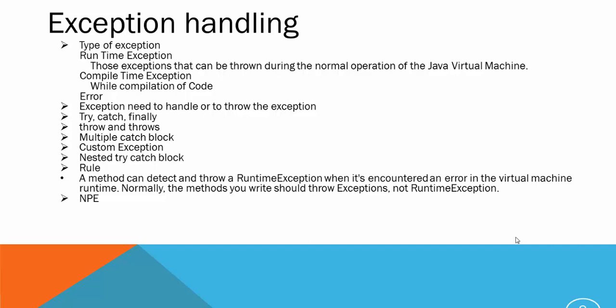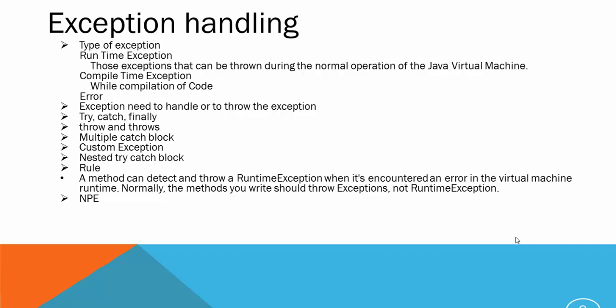If the innermost is throwing some exception, it can throw to the outside, and the code which is outside can catch the exception, or it can throw back to the caller one. So this is a nested exception also. In case of nested exception, we have to use nested try catch block.